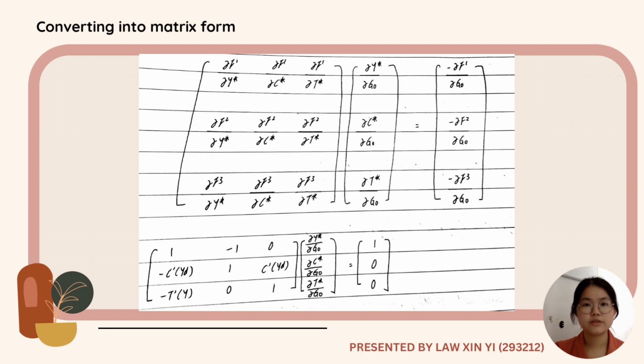For equation f3, differentiating f3 with respect to y*, we obtain negative t_y. Differentiating f3 with respect to c* gives 0. Differentiating f3 with respect to t* gives 1. And differentiating negative f3 with respect to g gives 0.